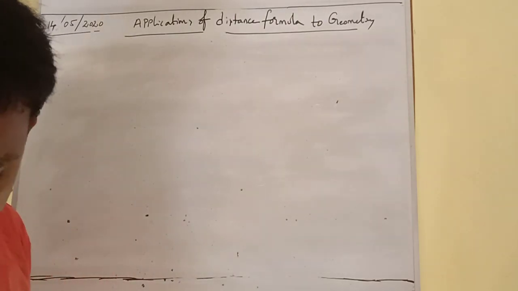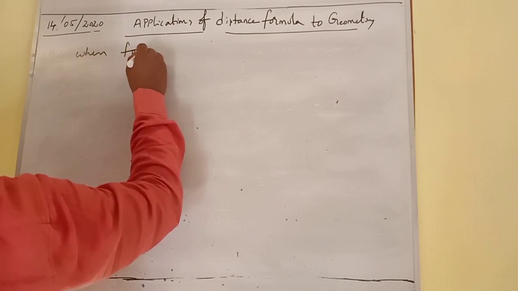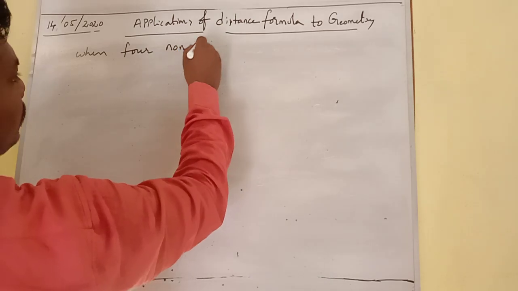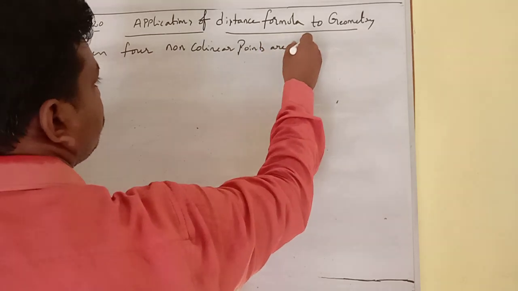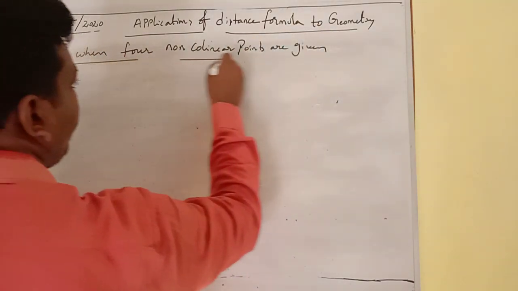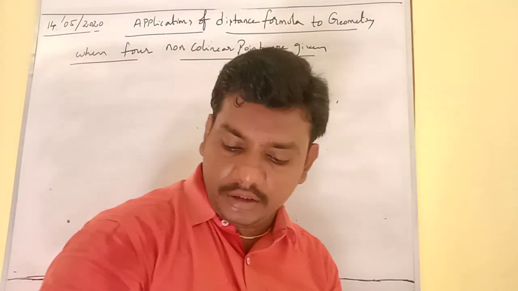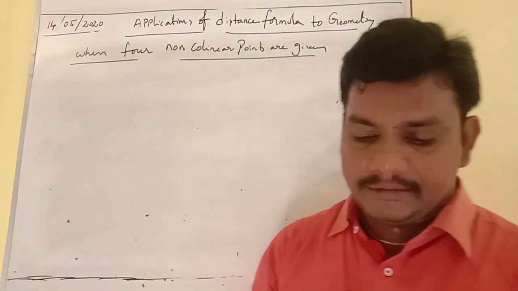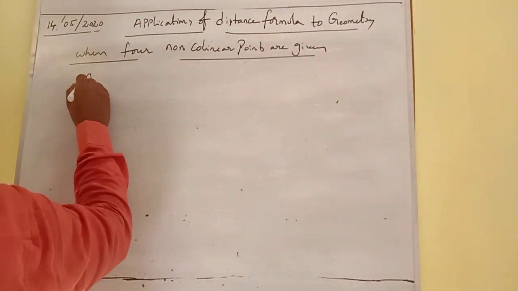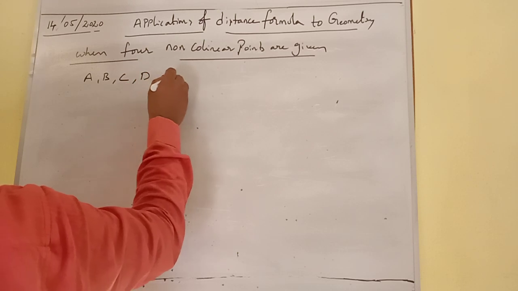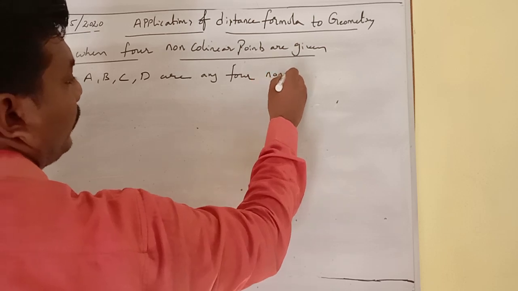When four non-collinear points are given, we have to find A, B, C, D, or any four non-collinear points.